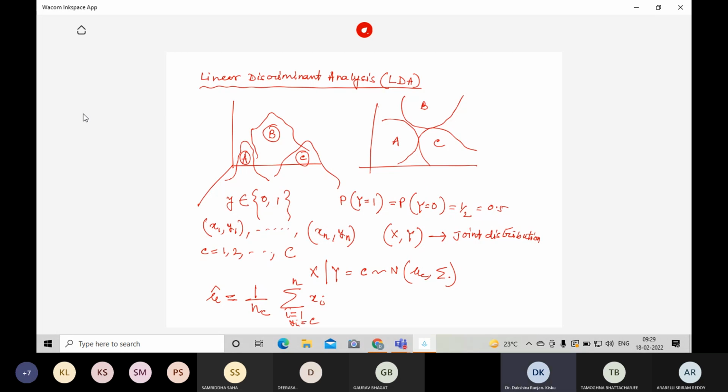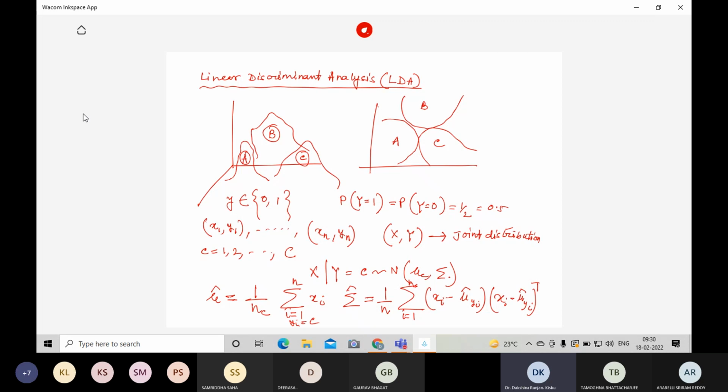Similarly, we can get the covariance matrix sigma cap. This is given by 1 by n, summation over i equals 1 to n of (x_i minus mu cap y_i), multiplied by the transpose of (x_i minus mu cap y_i).